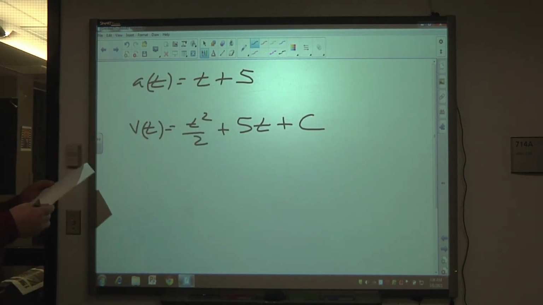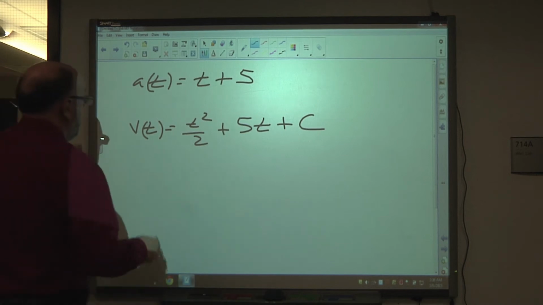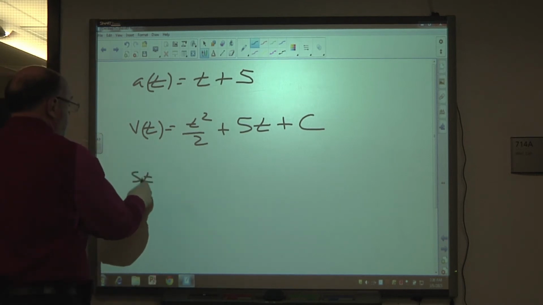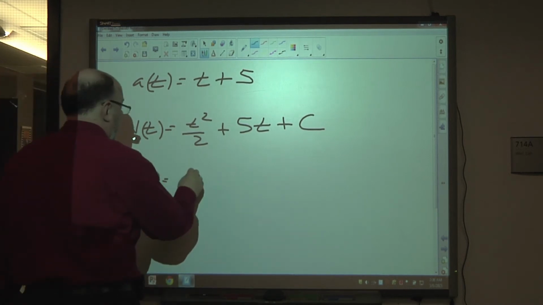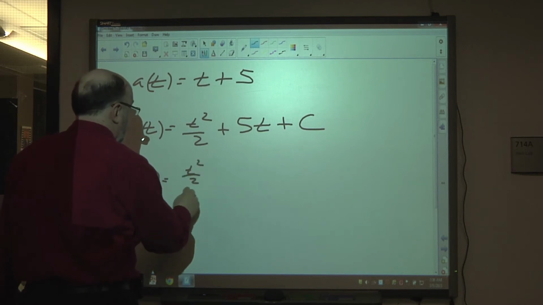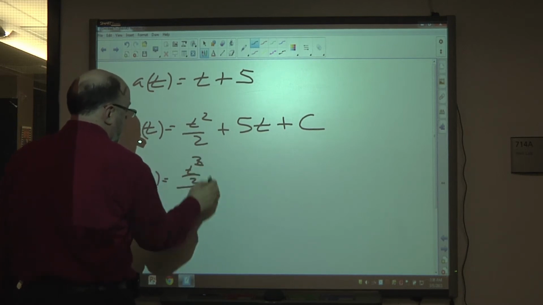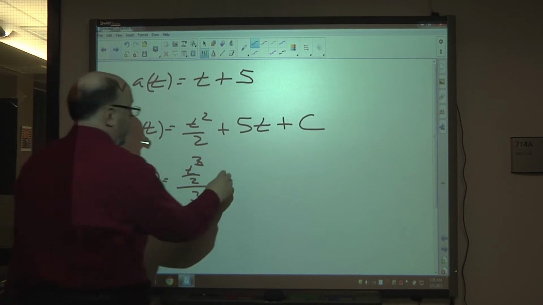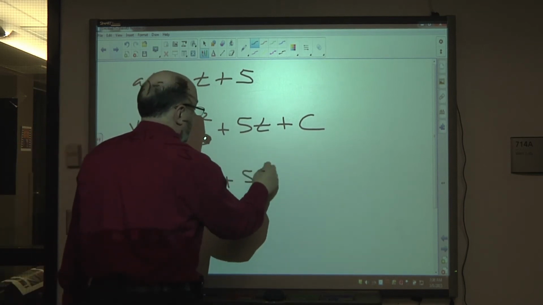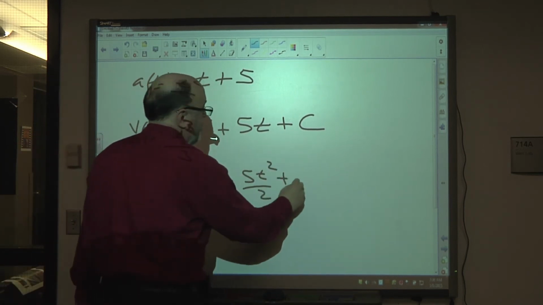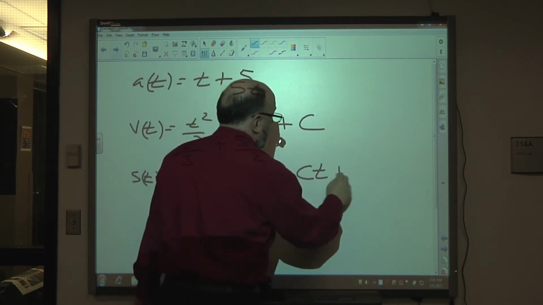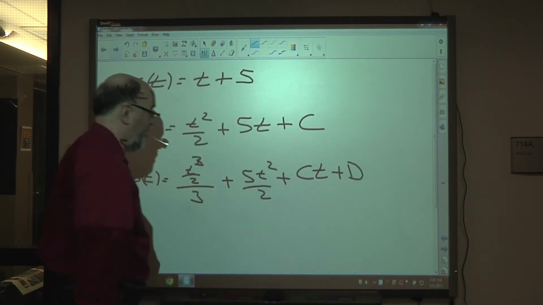And then my position function, S of t, would be t cubed over 2 divided by 3, 5t squared over 2, ct plus d.